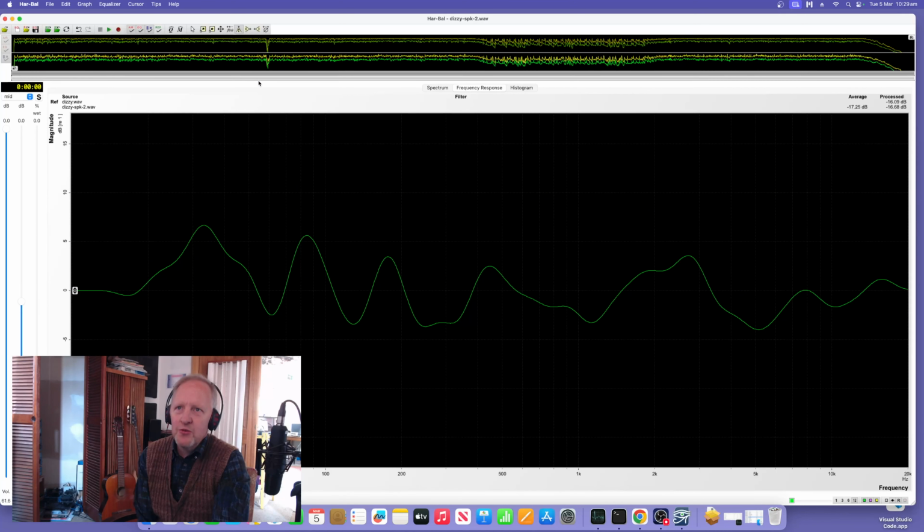And if you take into account the fact that this microphone that I used to do it would have a cutoff of around about 20 hertz, not exactly whether it's 20 hertz or 25 hertz, which would mean that it's nominally like 3 dB down at 20 hertz.